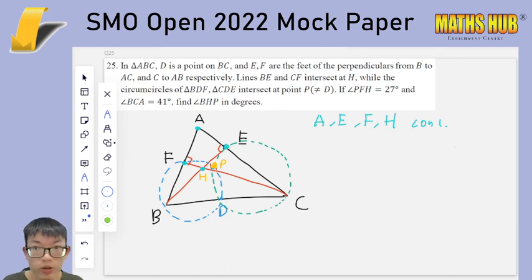But also, if we were to look carefully at the rest of the figure, it kind of looks like P also belongs to the same circle, right? And that turns out to be true because P is something that we call the Miquel point.